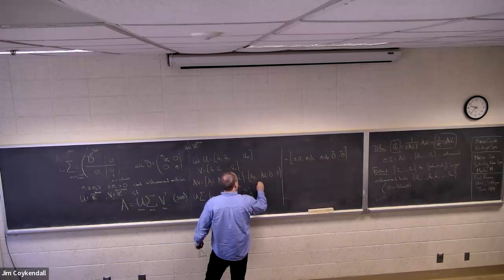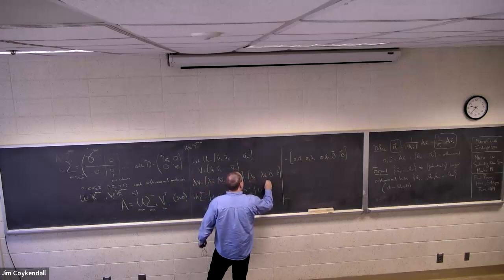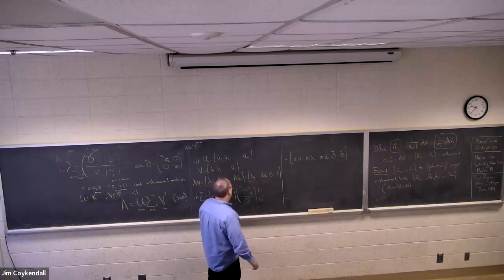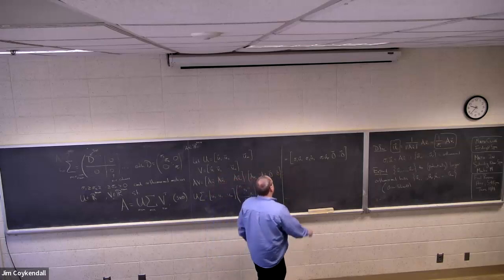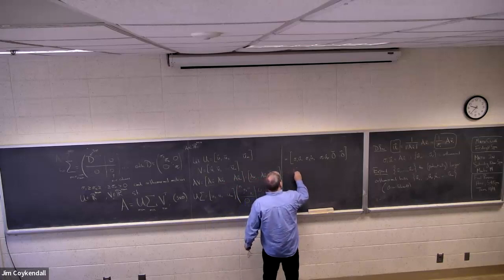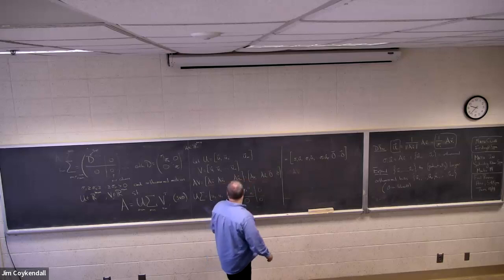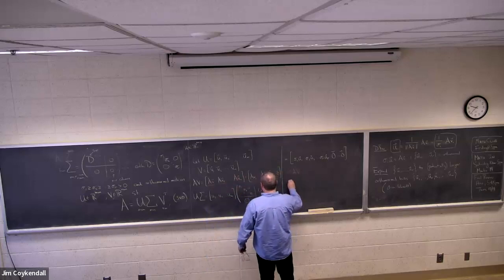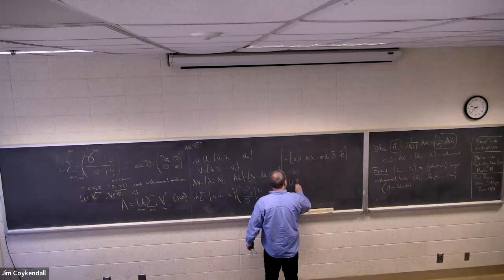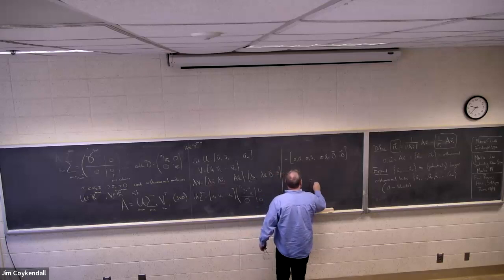Sigma 1 U1, ..., sigma R UR. Notice this matrix, because these match this and zeros match, is equal to AV. So at the end of the day, what I've gotten is U sigma is equal to AV.